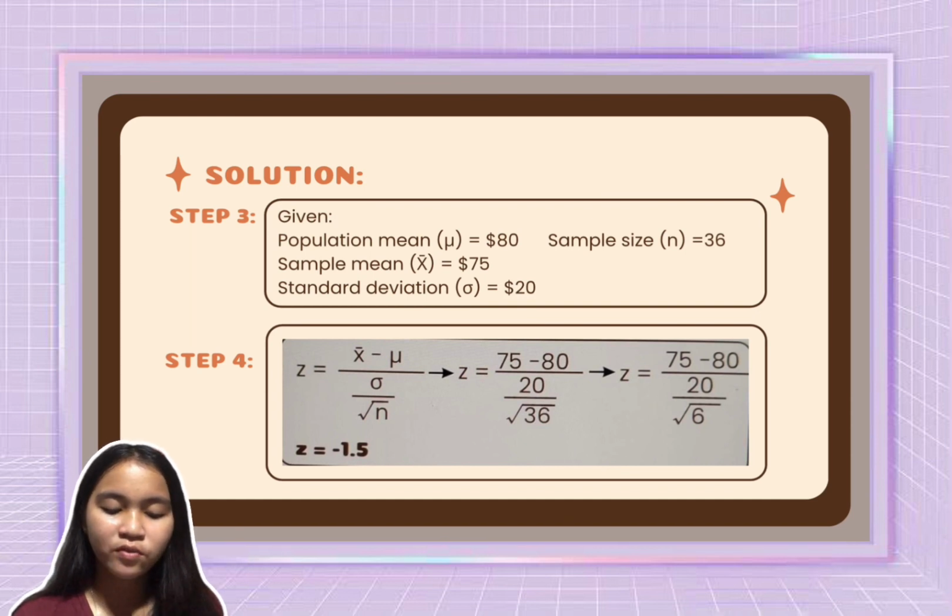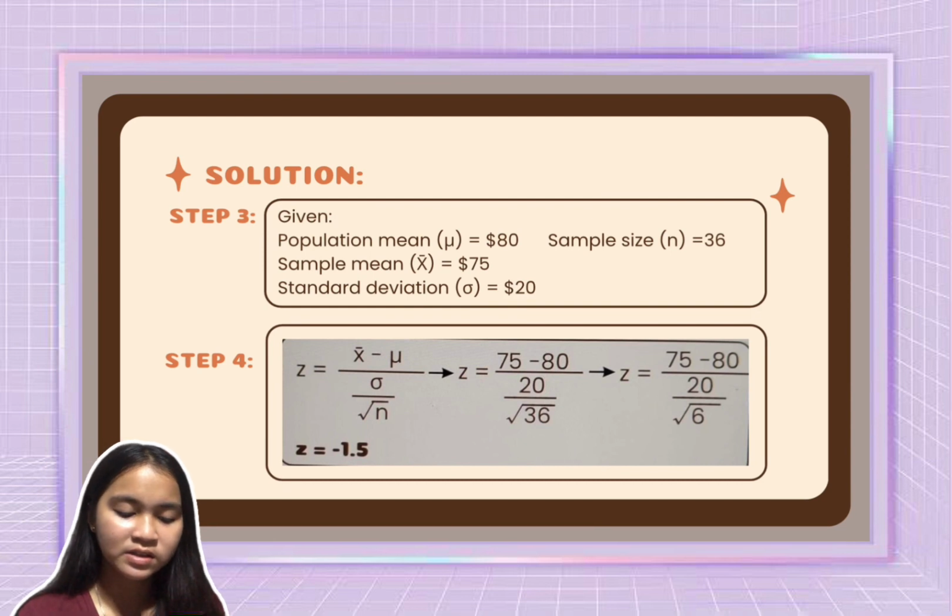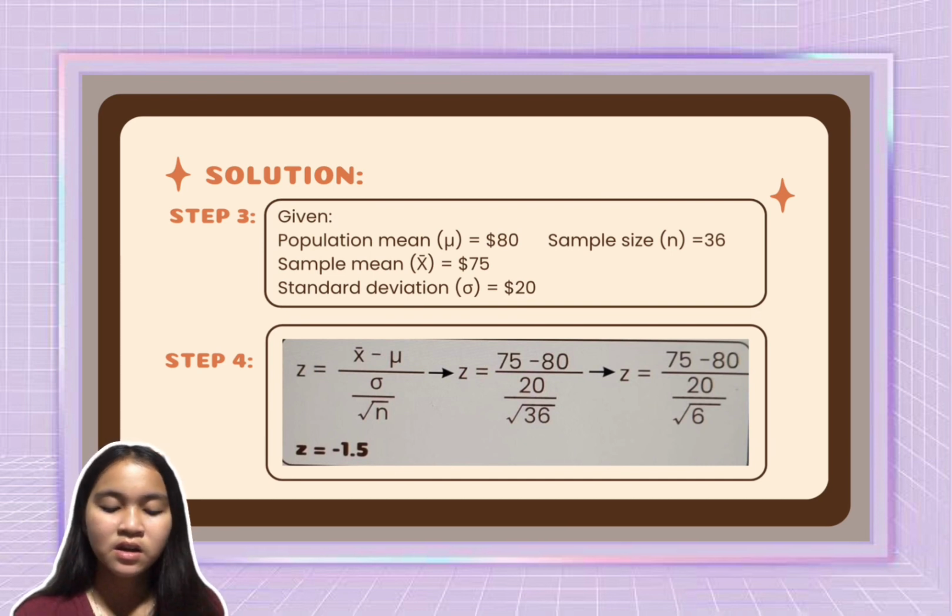So this is the formula that we are going to use, which is the sample mean minus the population mean over the standard deviation over the square root of the sample size. So we are going to put the numbers in it, which is 75 minus 80 over 20 over the square root of 36.